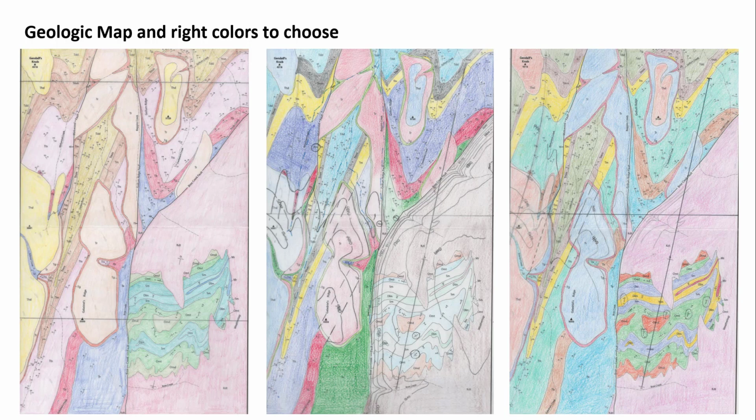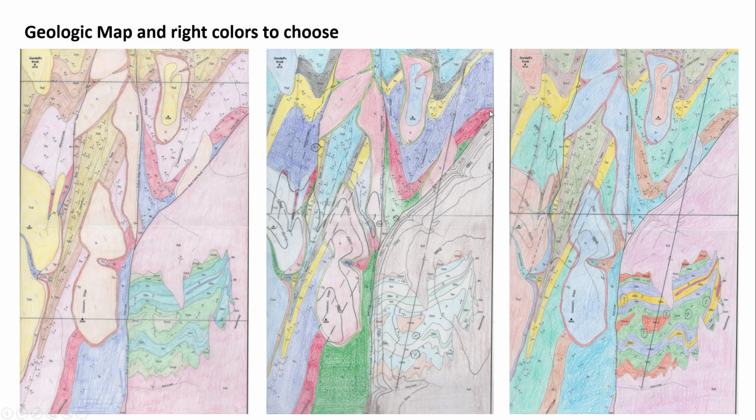colors. Of course you can paint with any colors you want, but it's going to make more sense if you follow standard rules and choose the right colors, because as you see here in these three maps, the one on the far left looks better because the contrast of the colors is much better, and the color choice makes more sense.